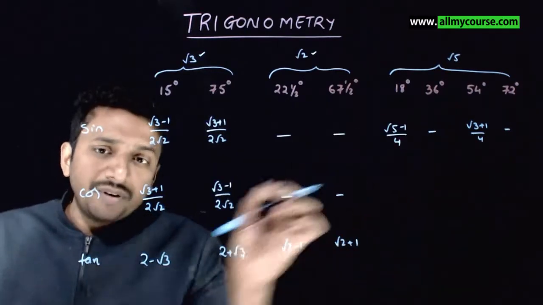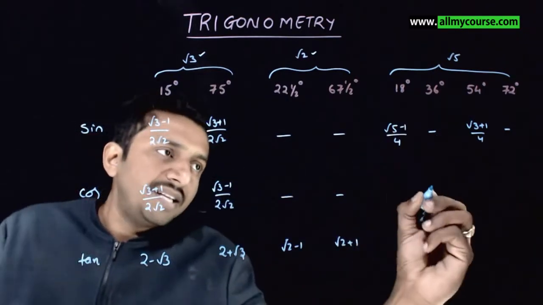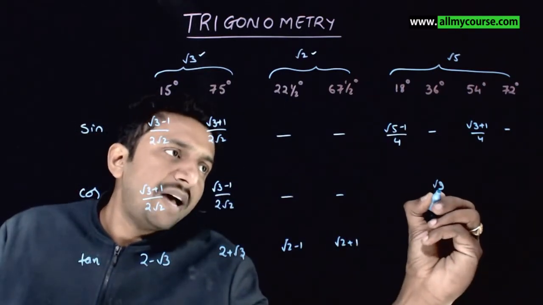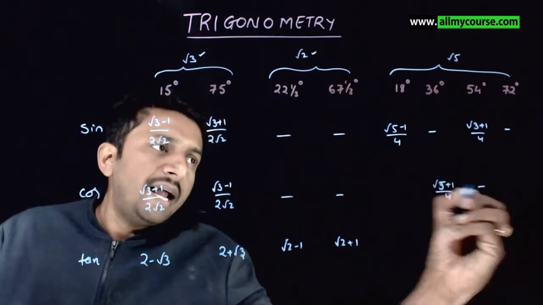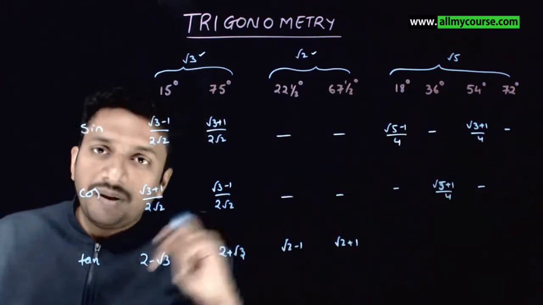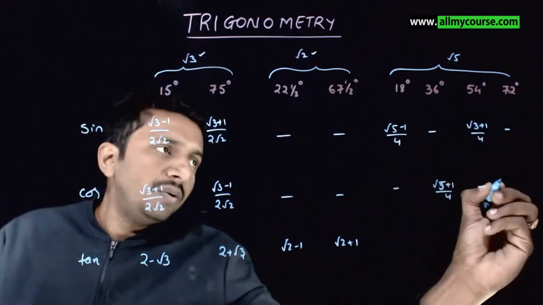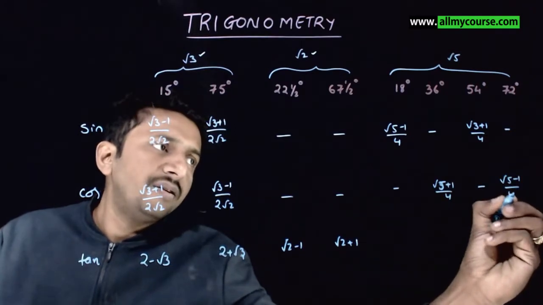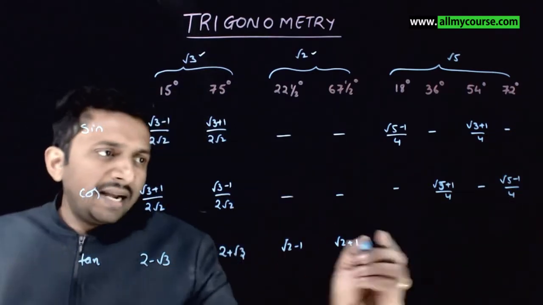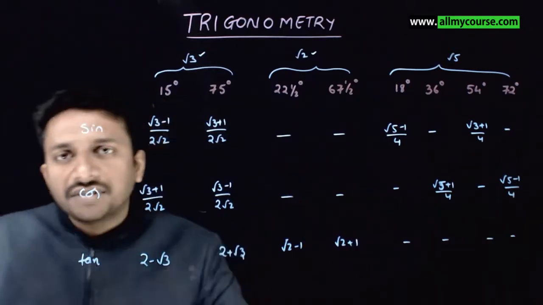Next, if you go for cos, cos will be good for 36. This will be root 5 plus 1 by 4, and these two numbers will be complicated, and cos 72 is root 5 minus 1 by 4. And you don't need to remember tan for this.